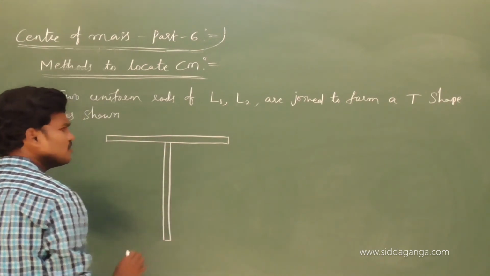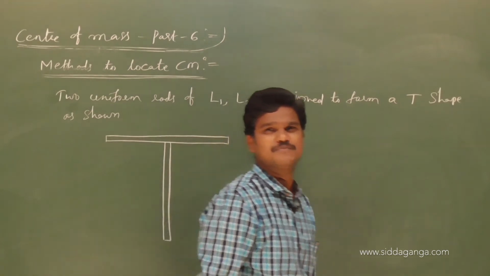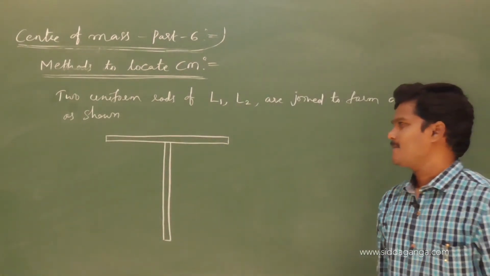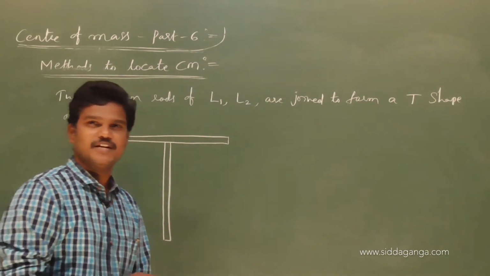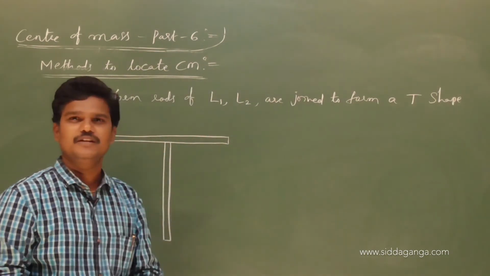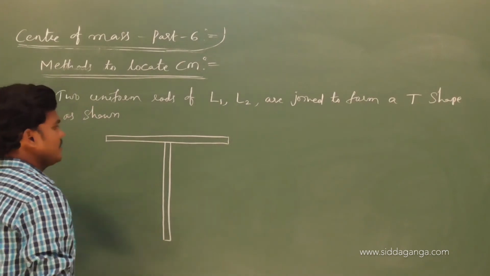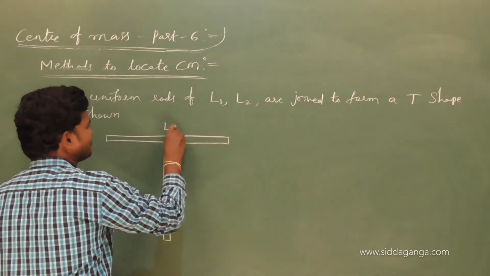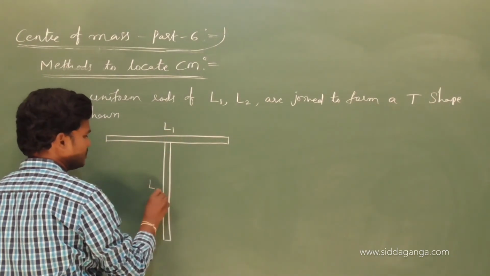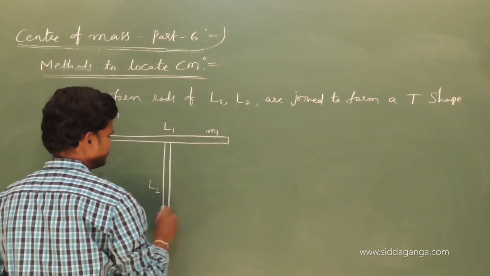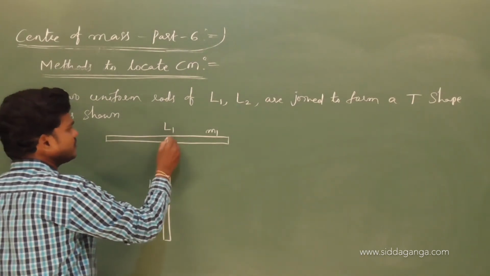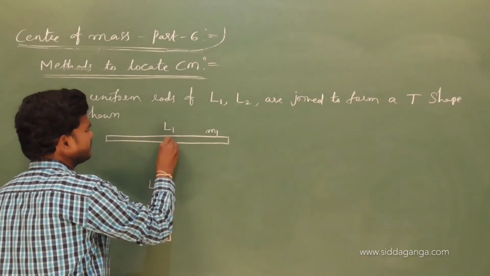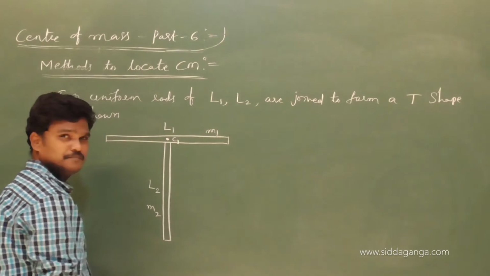These are basic concepts, a very basic level of concepts. Only the integration concepts are important for JEE level, the remaining are all important for NEET and other exams. Okay, here this is L1 and this one is L2. Let us take M1 as the mass and M2 as the mass. The center of mass of the M1 rod is at the center, let us take it as C1.